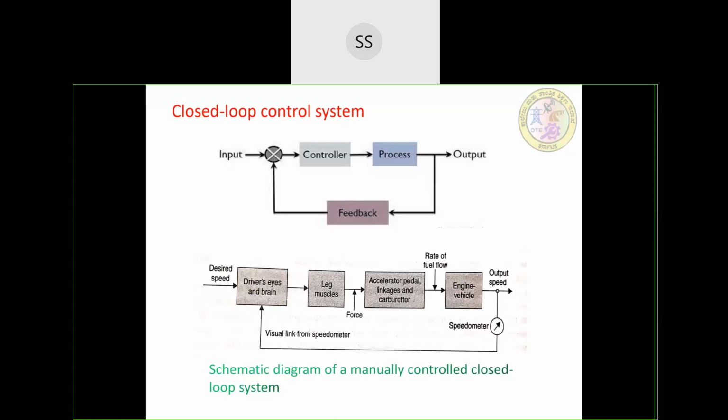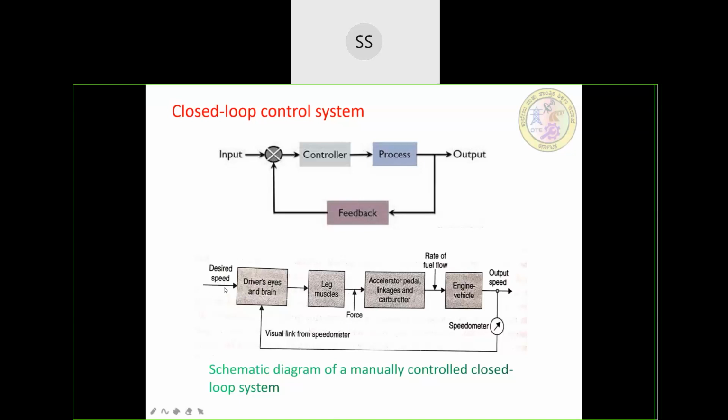Once the desired speed of 60 is reached, which is the output speed in this case, the driver stops applying additional force on the accelerator pedal, and thereby the vehicle starts moving with a constant speed of 60 km per hour. From this example, what is understood is that there is always some reference input, like in this example a desired speed.